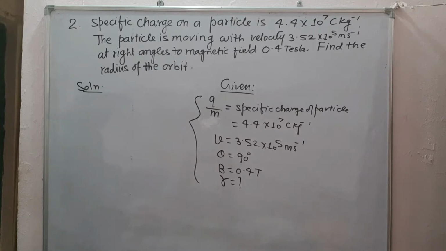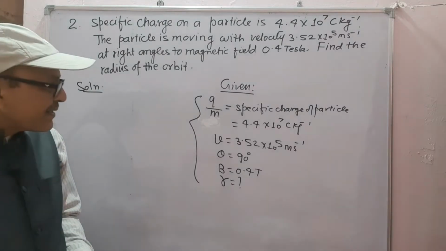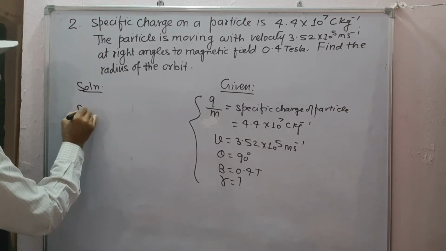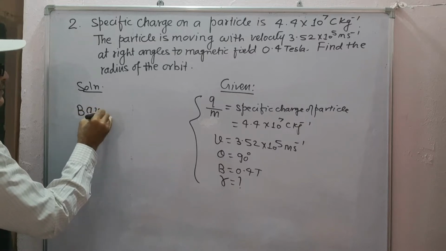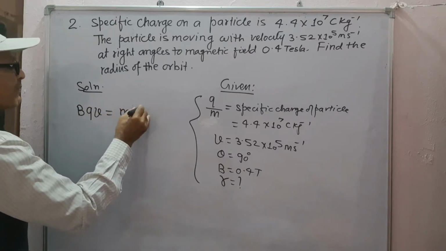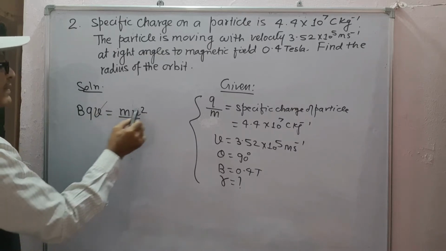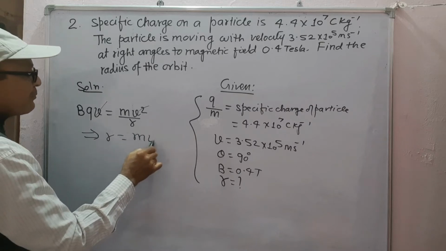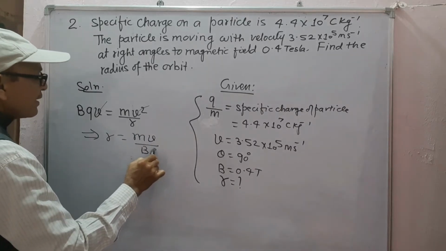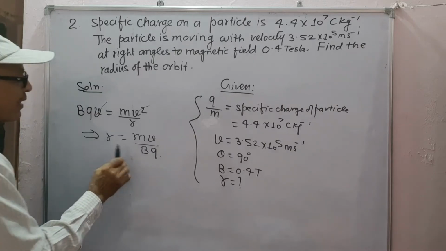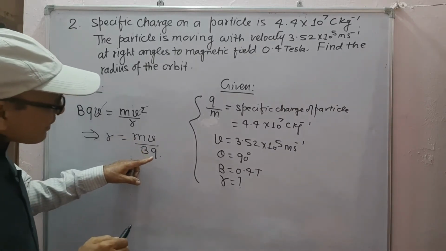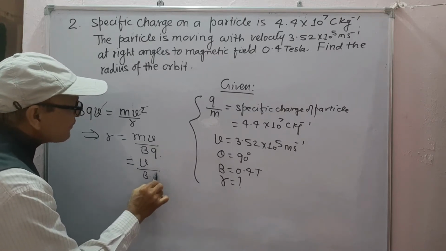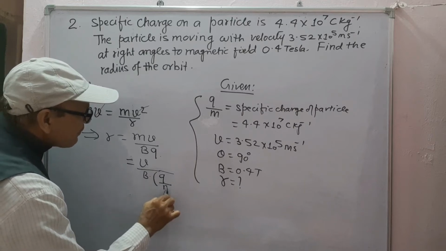Now, if the particle has charge q, then magnetic force will be BqV, which is mv square upon r. This gives r is equal to mv upon Bq, and it can be written as v upon B times m upon q.